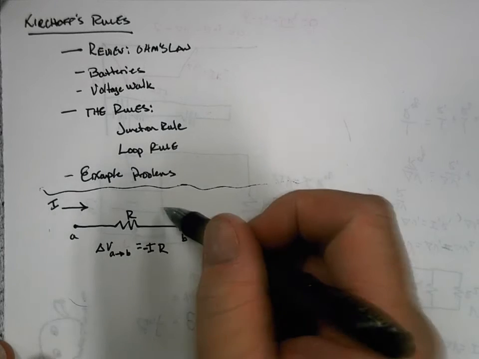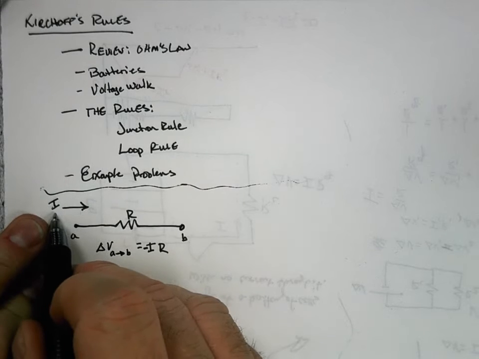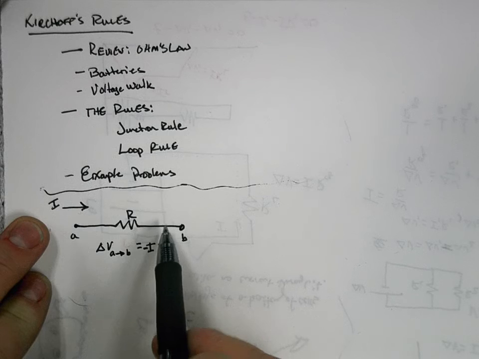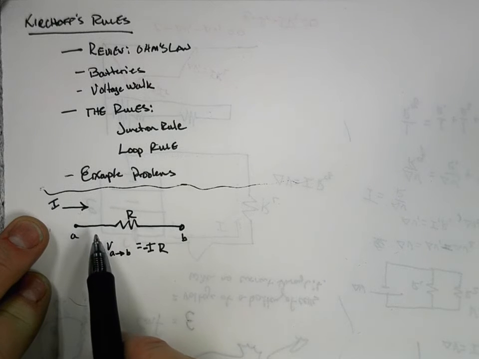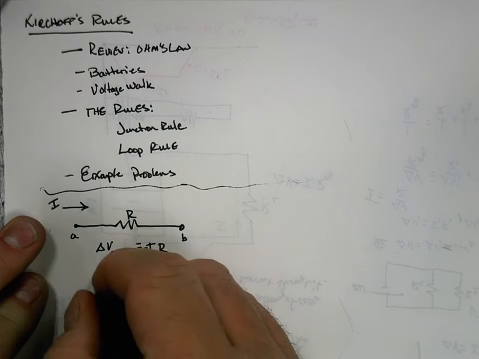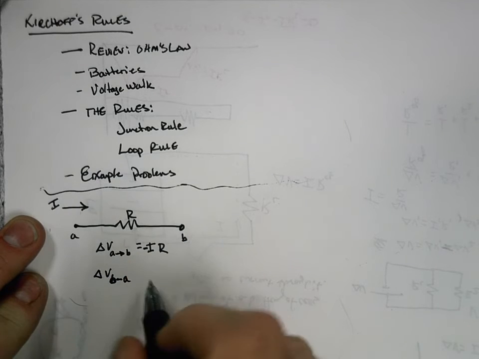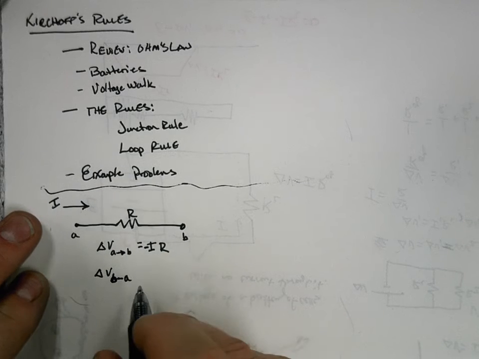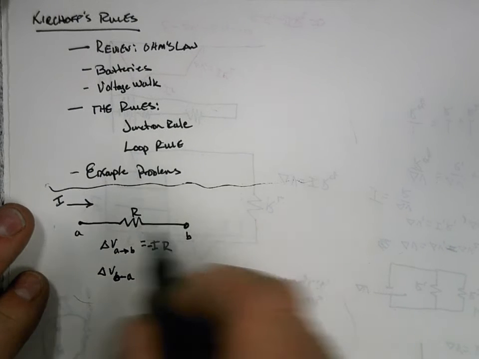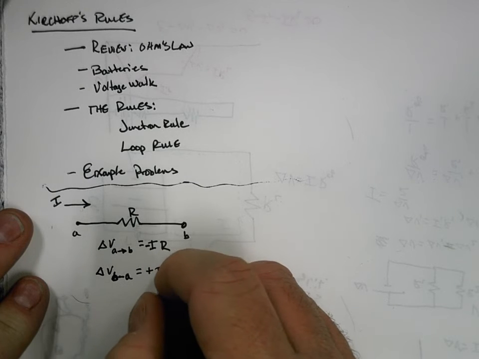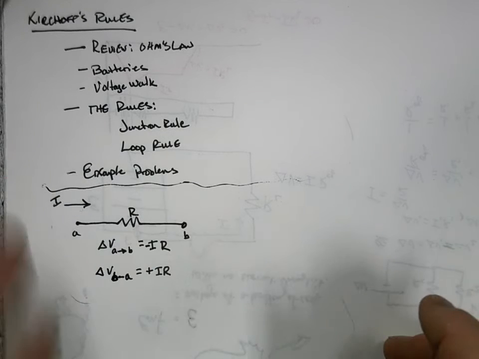We are decreasing the potential as we go through this resistor. Now, if we go the other direction, from B to A against the current, then our potential will increase. So if we're studying the change in potential from point B to point A, this becomes a positive change.